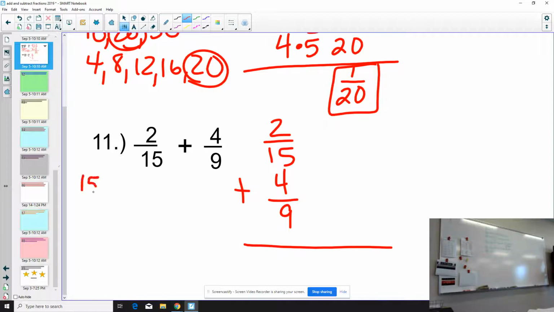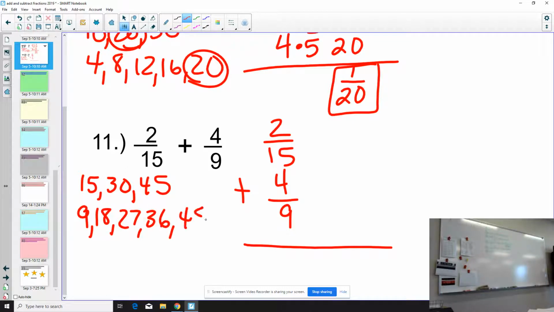If I think about counting by 15s, 15, 30, 45, and then counting by 9s, 9, 18, 27, 36, 45, notice 45 is a number that 9 and 15 both go into. So my least common denominator is 45.